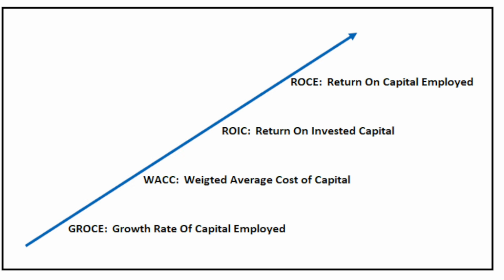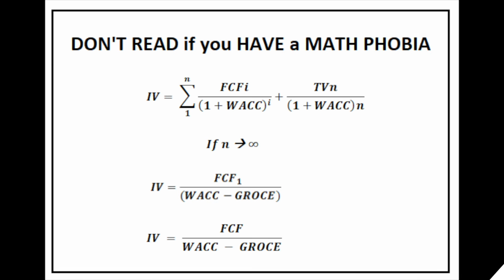Let's finish with one last spread, the one between WACC and GROCE, which allows us to calculate the intrinsic value of the company. There are many methods for valuing a company. The intrinsic method is based on the free cash flows generated over a period of time, plus a terminal value, TVN.